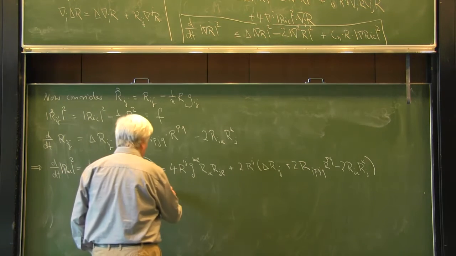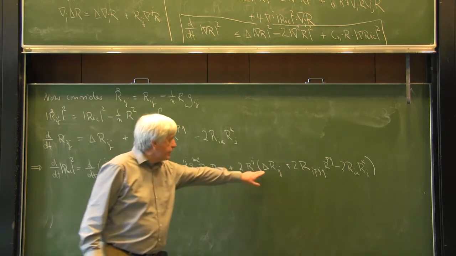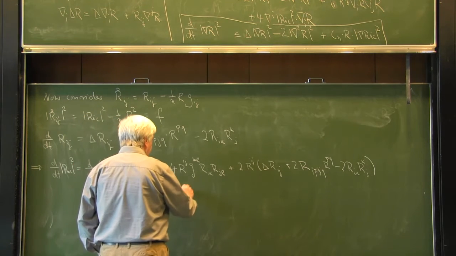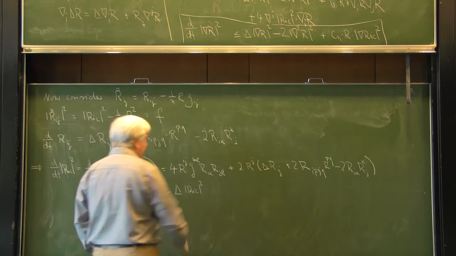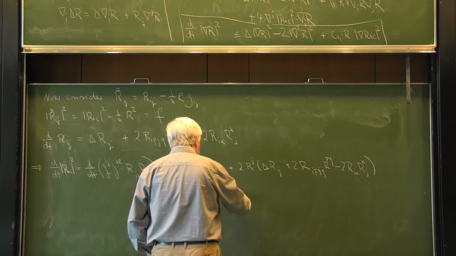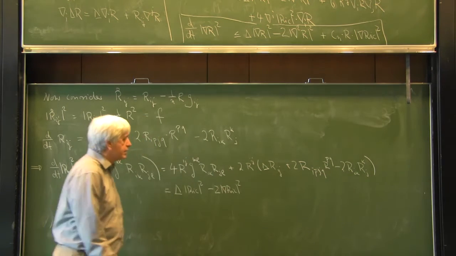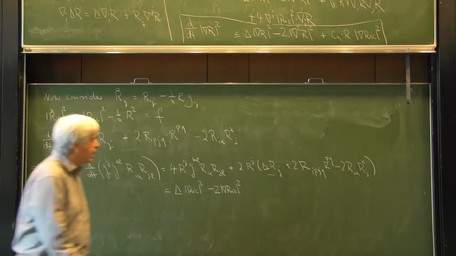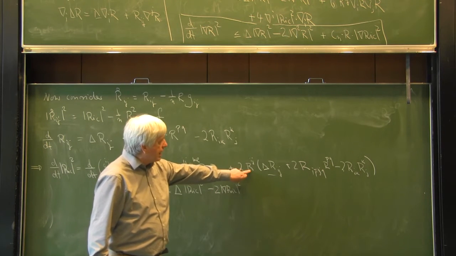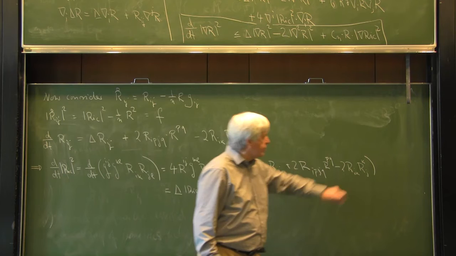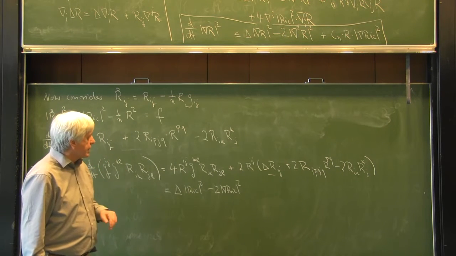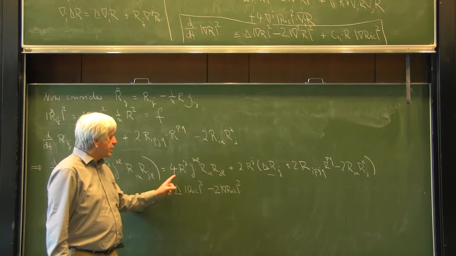And now here we can again convert this into the Laplacian of Ricci squared minus the error, and the error is exactly the gradient of Ricci squared, so this takes care of this term. Now notice that this term here, R_ij times the square of Ricci, is just a trace of the cube of the Ricci tensor, which is exactly the same as this term here, and this cancels.